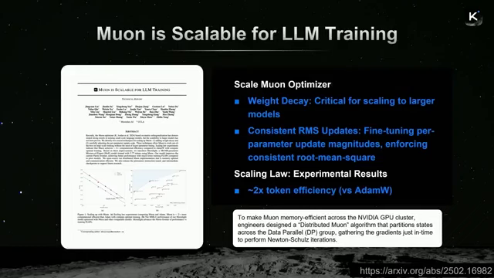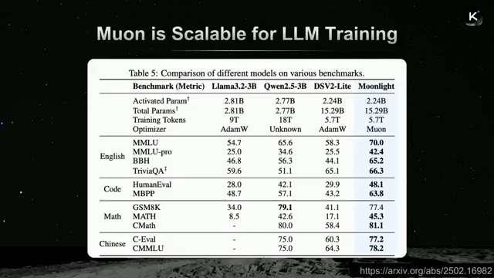And to make Muon memory efficient across all these NVIDIA GPU clusters, we also developed a distributed Muon optimizer implementation that partitions the states across the data parallel group, so that we have a very efficient implementation.